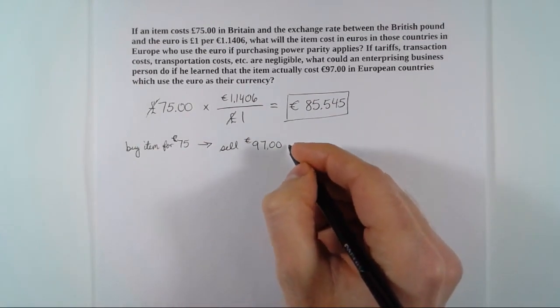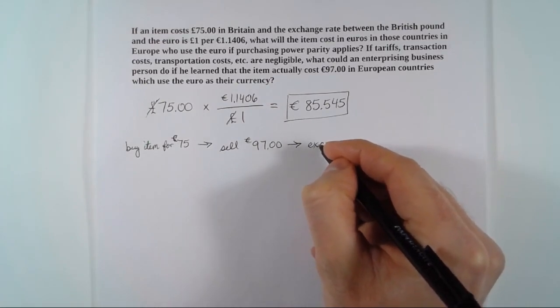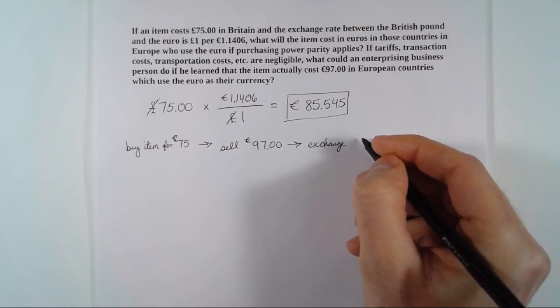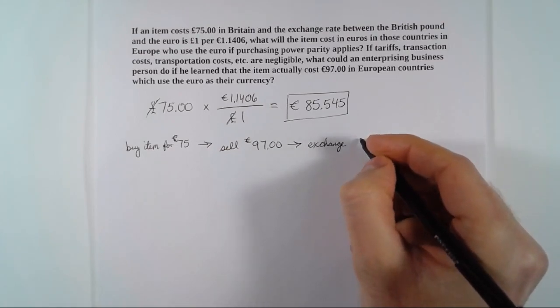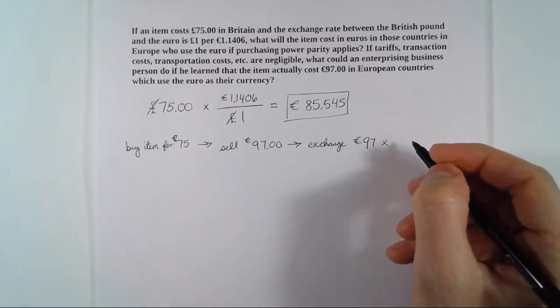And then once I have 97 euros, we could exchange the 97 euros back to pounds. So we have 97 euros, and what we need to use is the exchange rate.